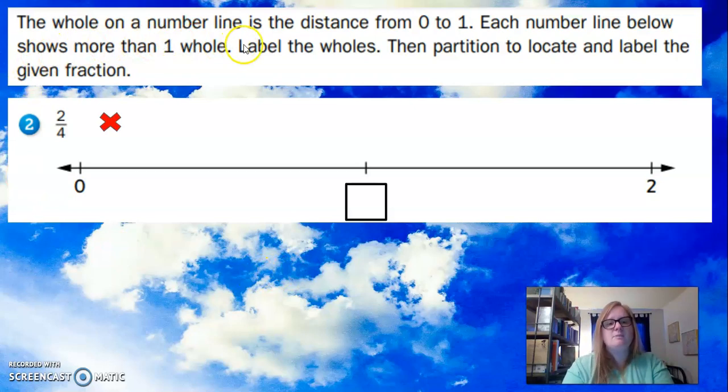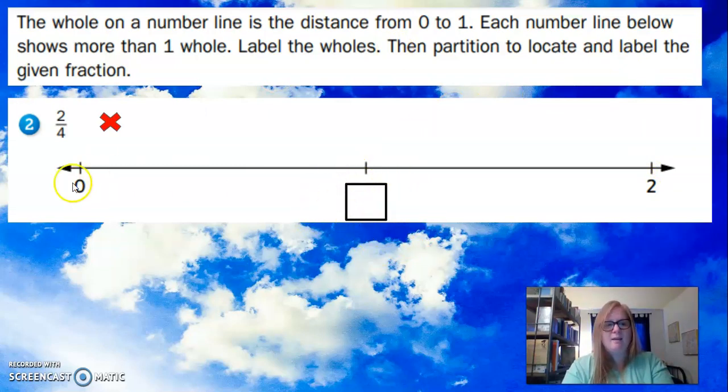The whole on a number line is the distance from 0 to 1. Okay, so this is 0 to 2, right? Each number line below shows more than one whole. Label the wholes. Then partition to locate and label the given fraction. So if this is 0 and this is 2, then I know that this has to be 1, right?